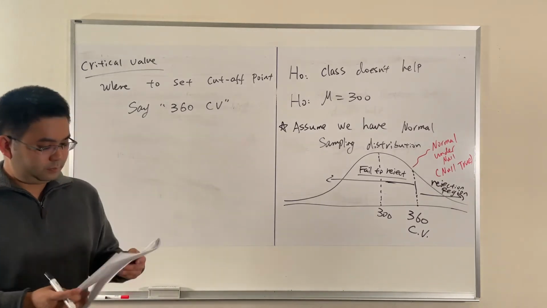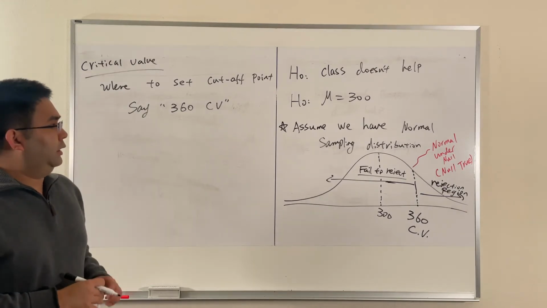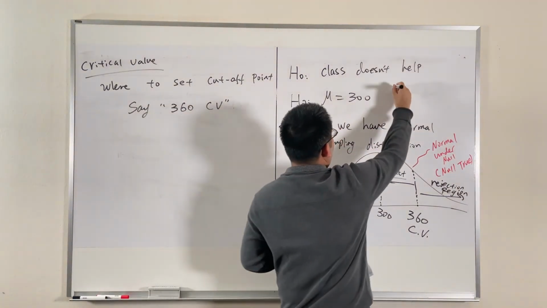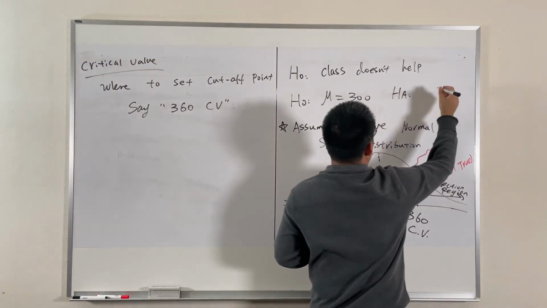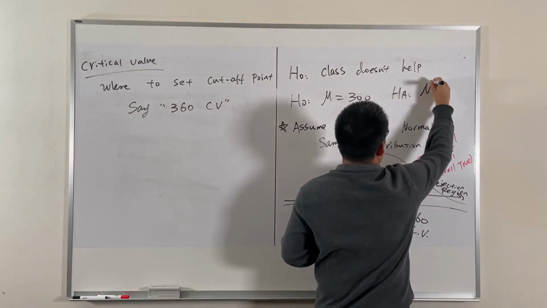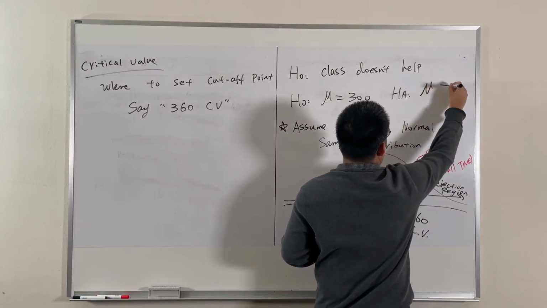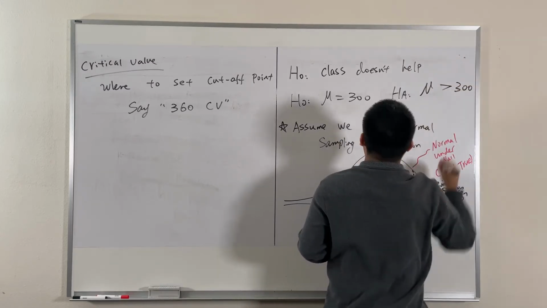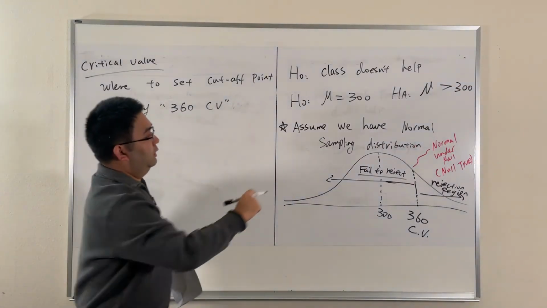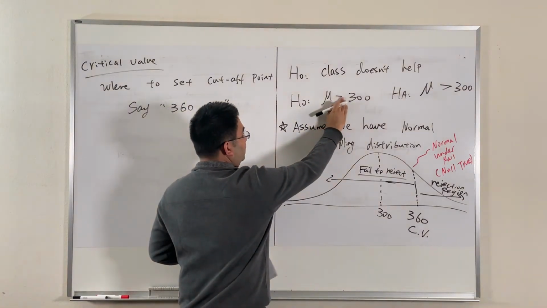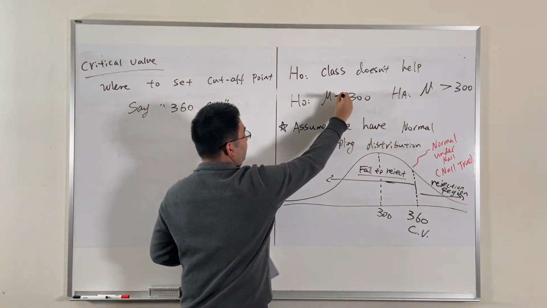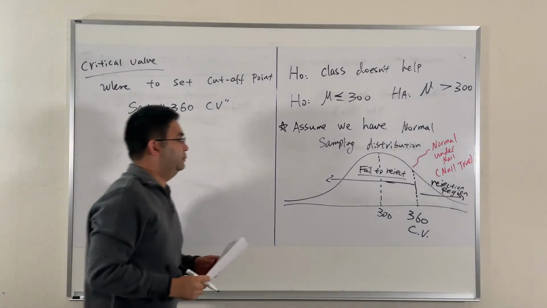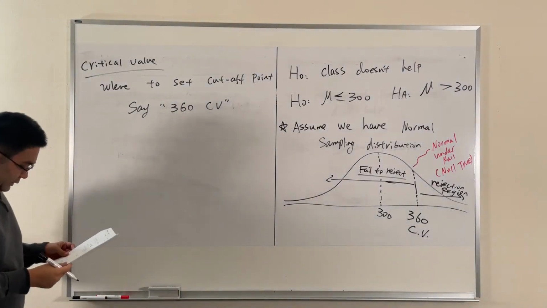Okay, good. And let me just say that the alternative in this case is mu is greater than 300. And then here, I'm going to change this back to less than or equal to 300. Okay, next.